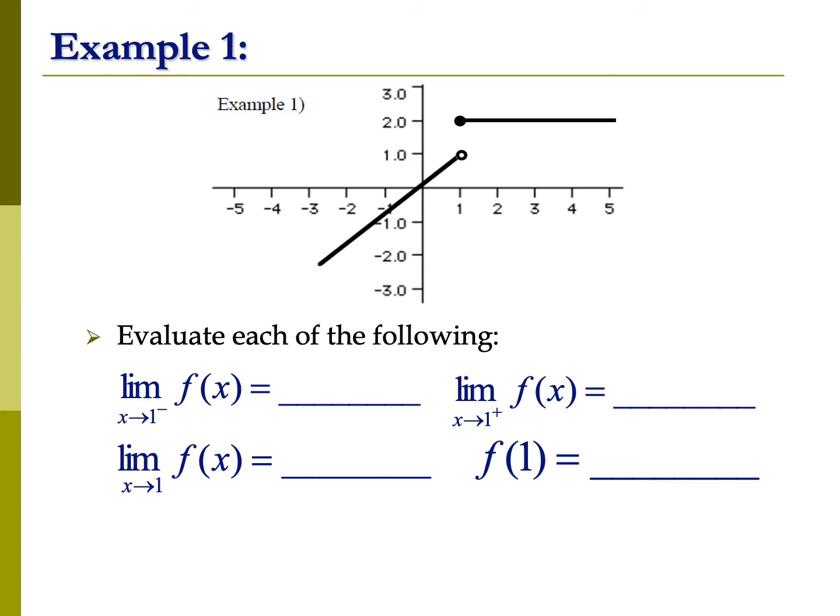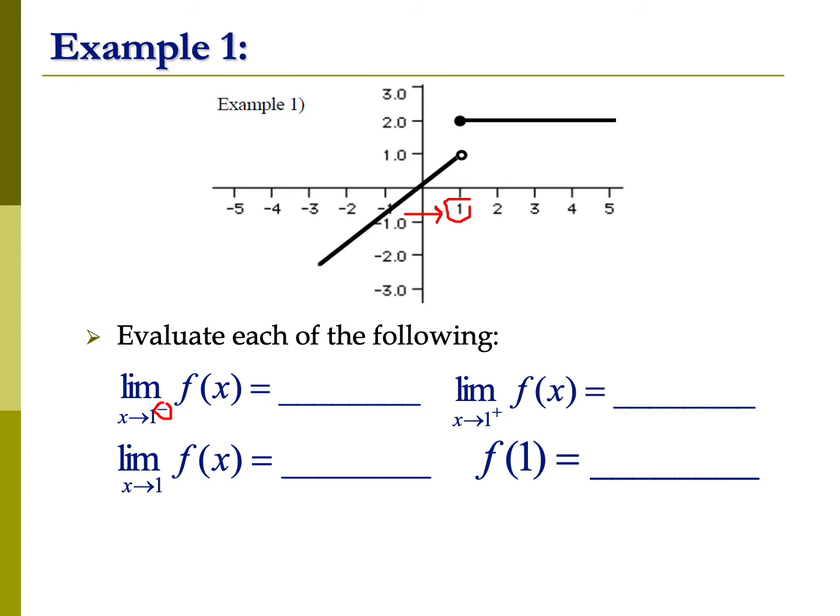Now let us take some examples to know how to deal with limits graphically. Look at this example. Evaluate each of the following. Limit when x goes to 1. This minus means from the left. So this is 1, x equals 1. I need to go to 1 from the left. So what will happen to the heights?